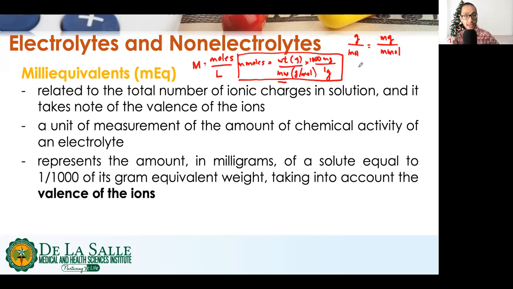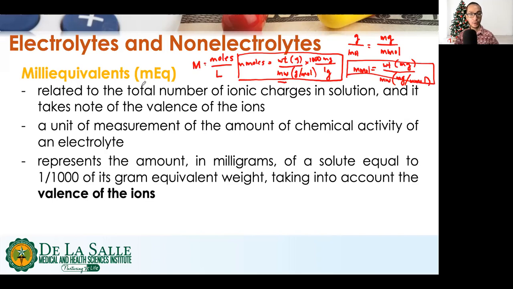That being said, the millimole can also be defined as the weight of the substance in milligrams divided by the milligram molecular weight of the substance, or the molecular weight assuming it's milligrams per millimole. Remember that in order to convert the weight of a substance from gram to milligrams, you need to multiply it by 1,000. So that's the same thing. They are exactly the same.